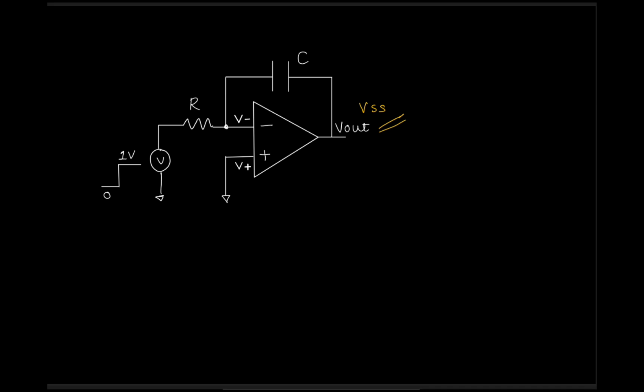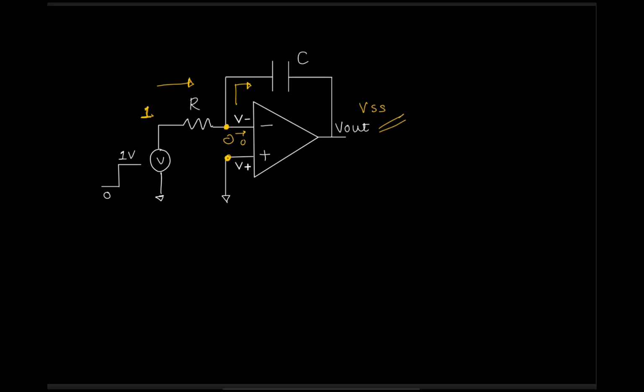So this voltage can't change now. This voltage is fixed to this. But we have 0 here, we have 1 volt here, and if there is a voltage difference across the resistor, there will be some current, and this is 0, so this capacitor has to charge because there is a current flowing.